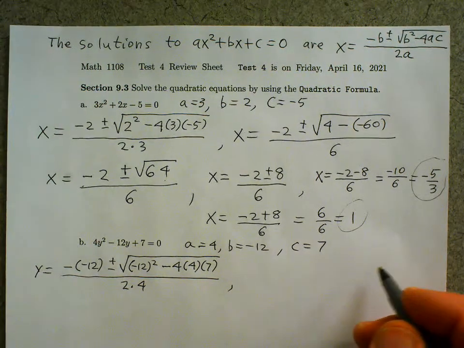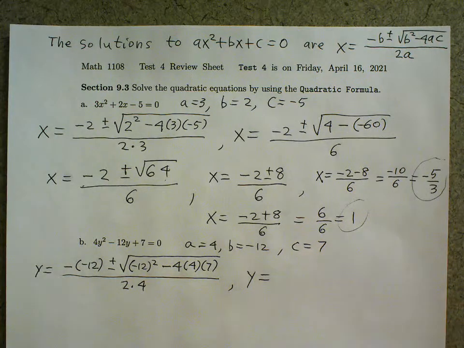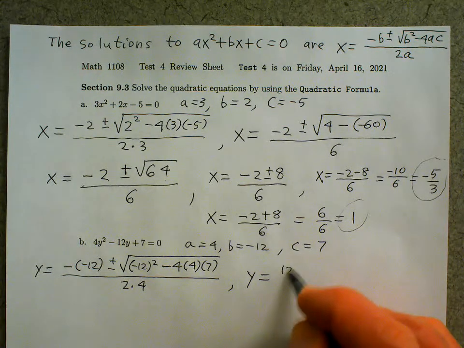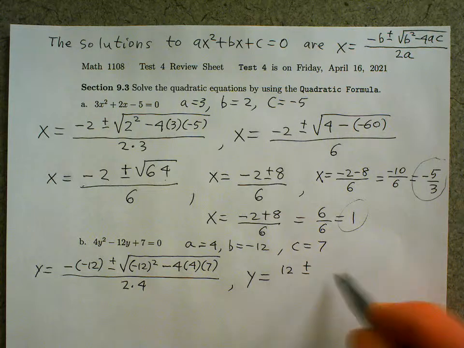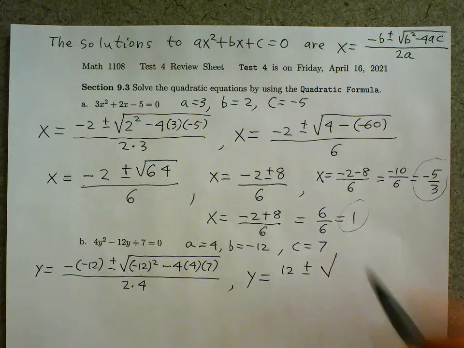And then we do the arithmetic. Y equals the negative of negative 12 is 12, plus and minus the square root of the number negative 12 squared is 144.